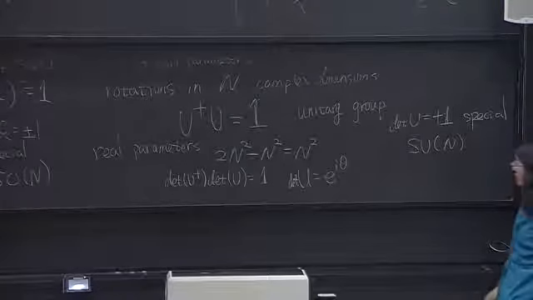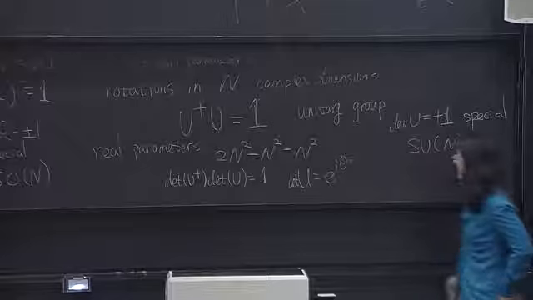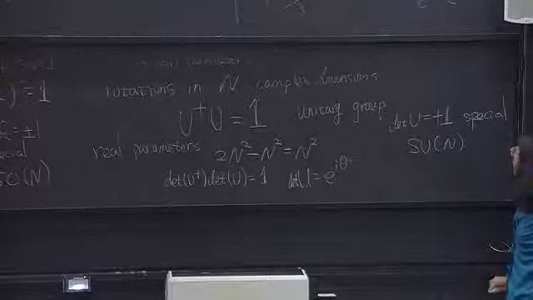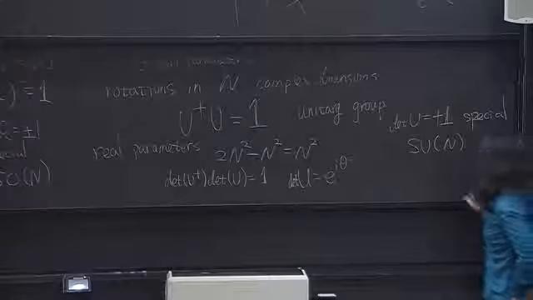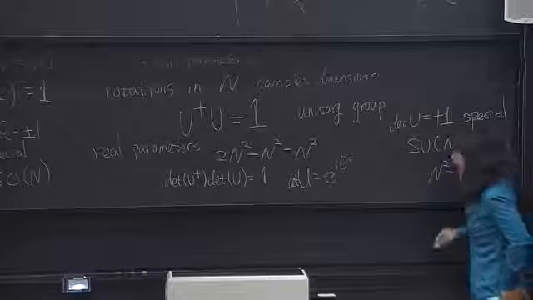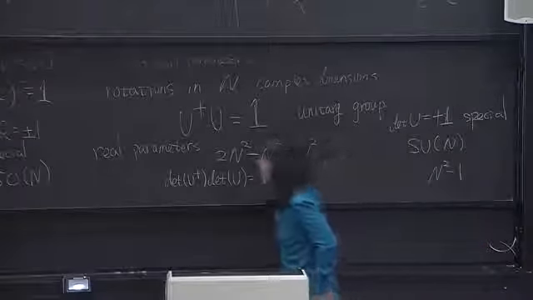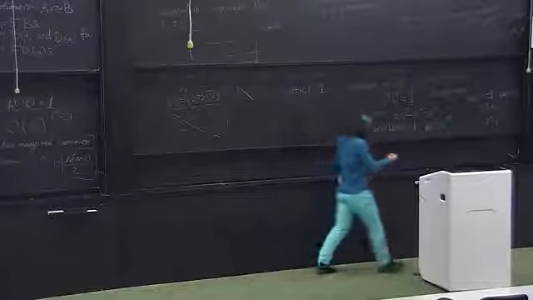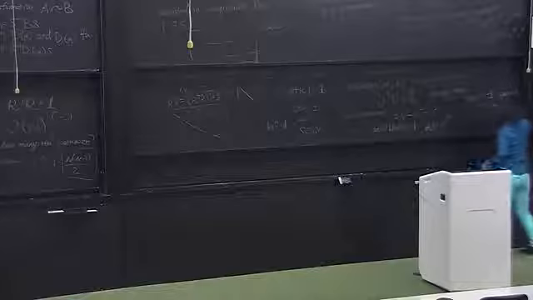In this process, look that we indeed lost a continuous real parameter. So for special unitary group, the number of parameters is n squared minus 1. And this is an important count you want to know.